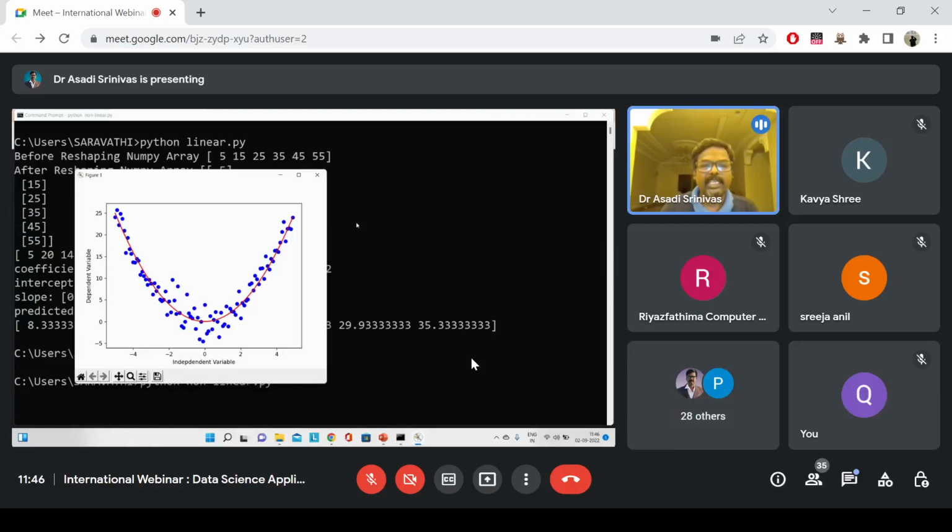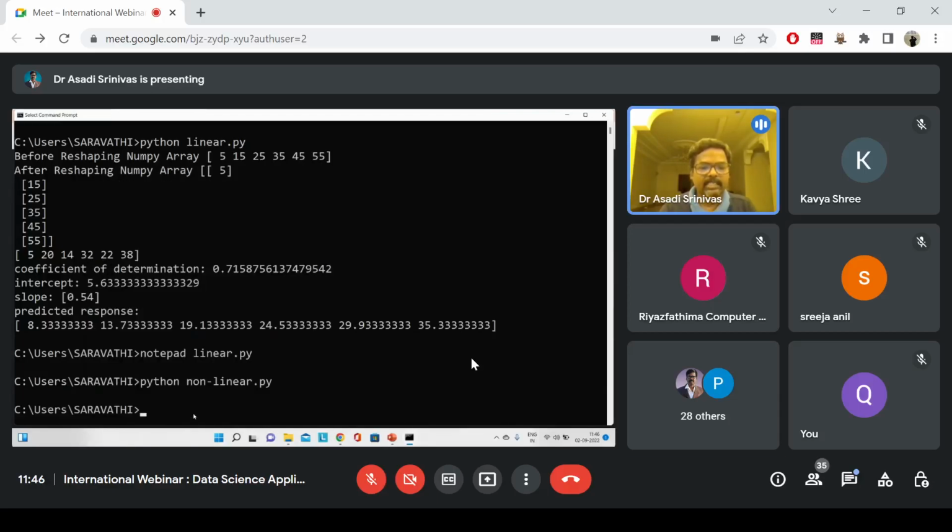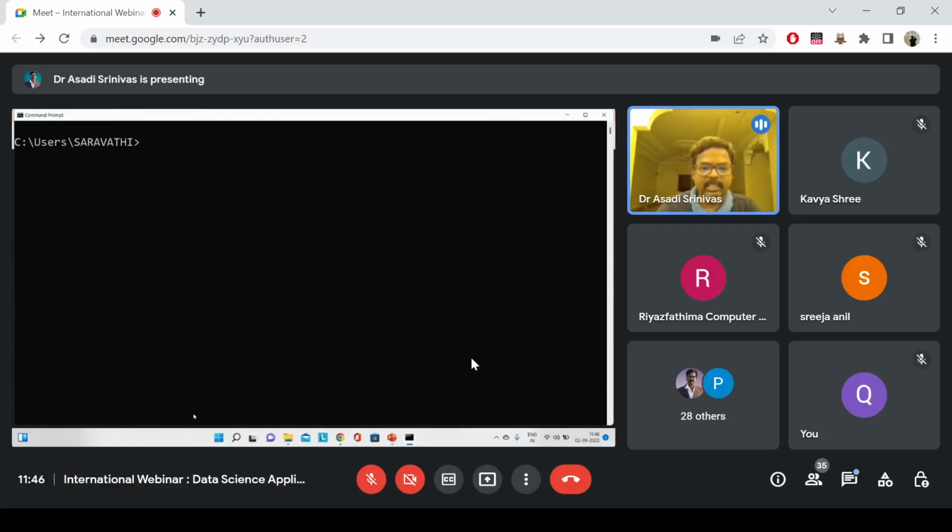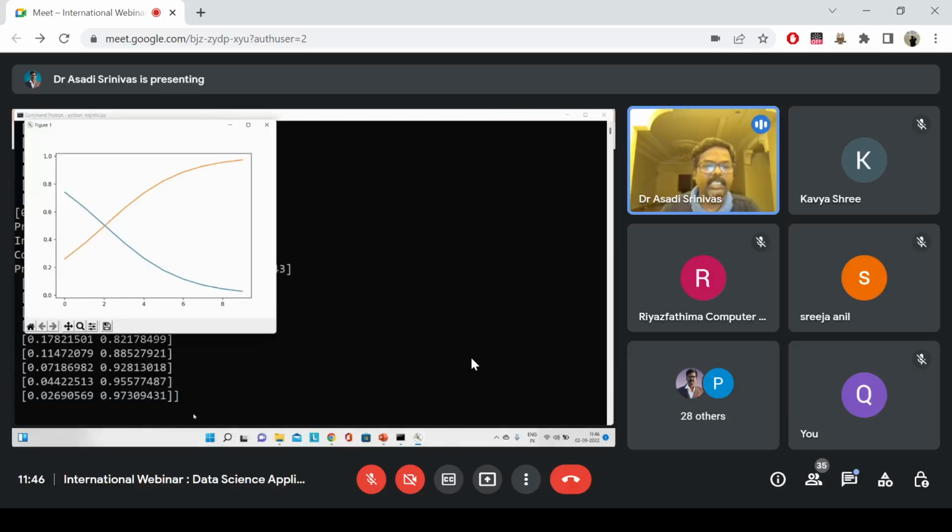So for non-linear regression, I'm generating x and y values. Then in the same way I'm using logistic regression, Python logistic regression. Nearly 63 projects I have executed on various applications.